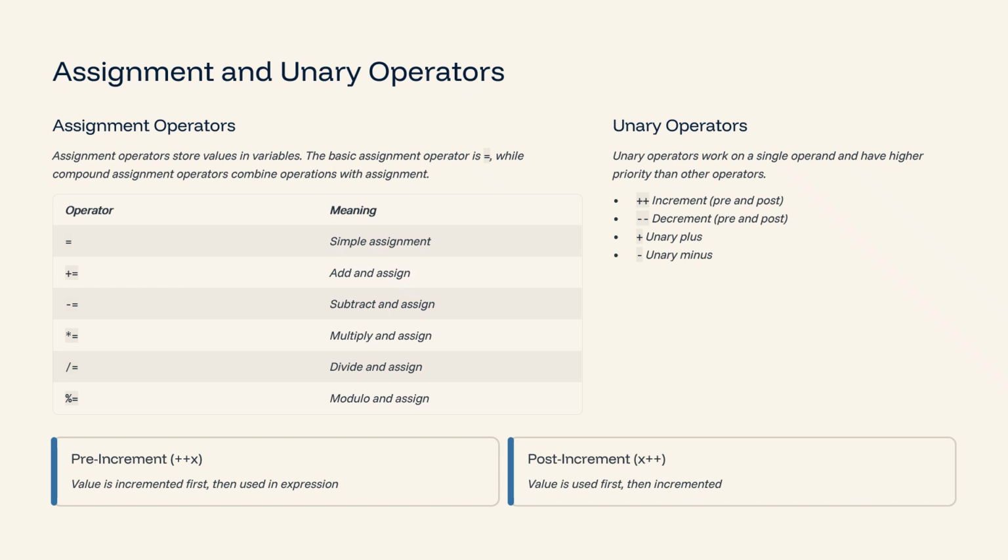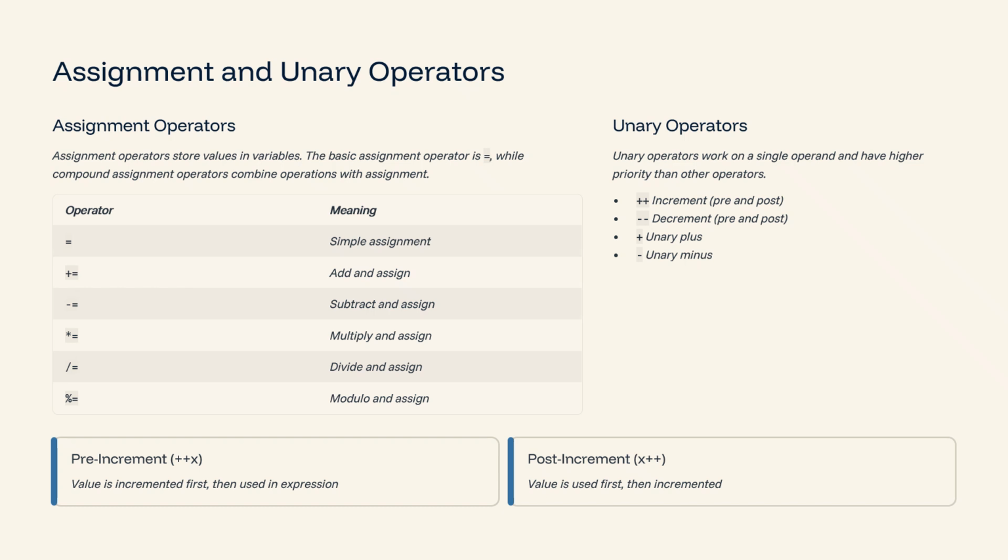There are many compound assignment operators. Plus equal to means it is going to add and assign. Minus equal to is subtract and assign. Star equal to, that is multiply equal to, is multiply and assign. Suppose you take an example, x is equals to 5.